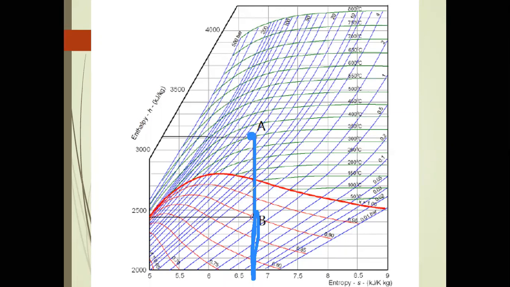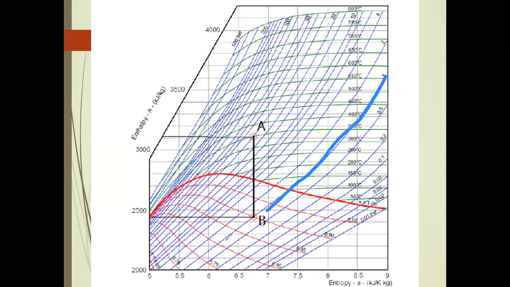Why? Because otherwise, if the B point is here and I draw the perpendicular line here, the entropy will be less than A. If the B point is here, the entropy will be bigger than A. So to remain the same, because the condition is SA equals SB, the B point must be on the perpendicular line of A. You see that this is the 1 bar line.